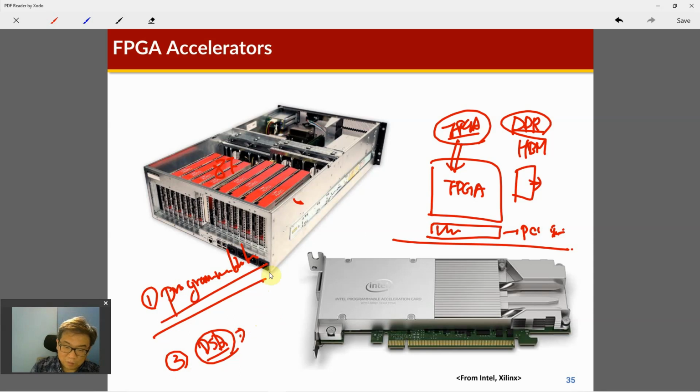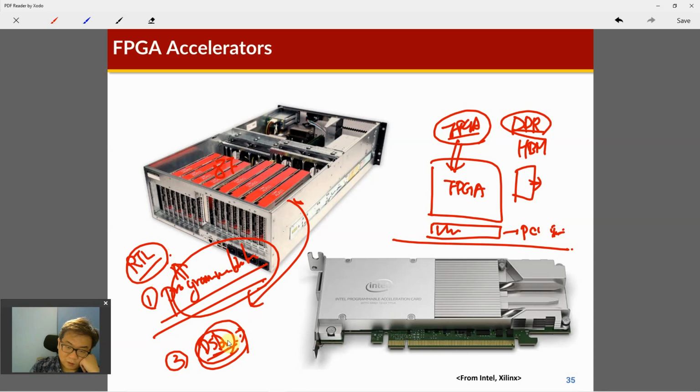This programmability means the programmability for RTL, a hardware description language. And also the challenge for this FPGA-based accelerator means that we need some programming language for accelerators.